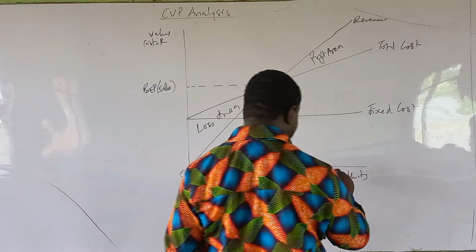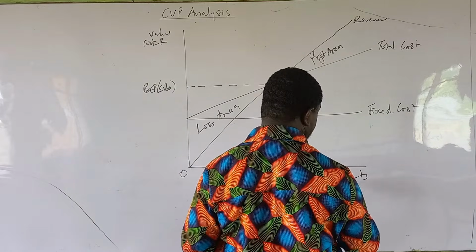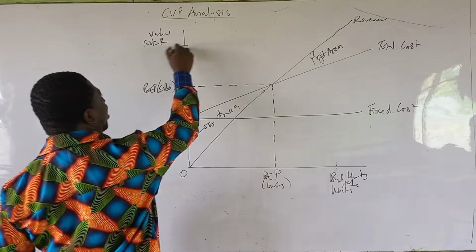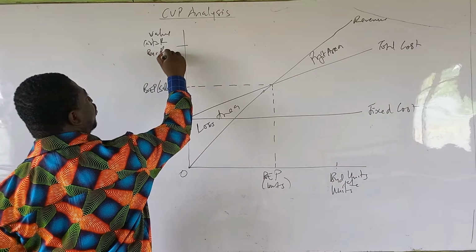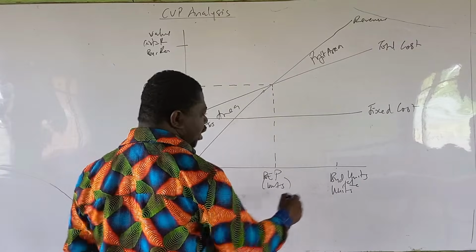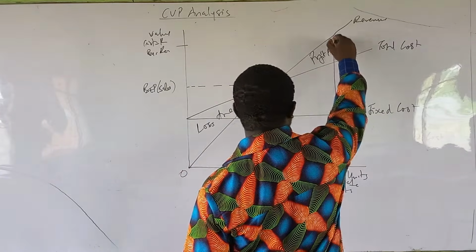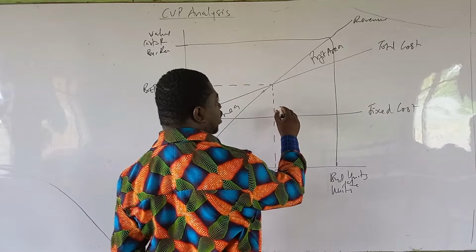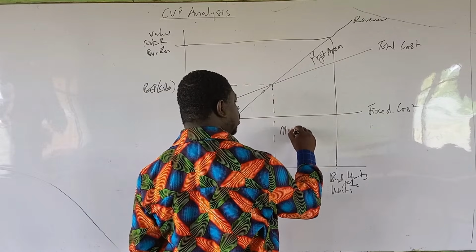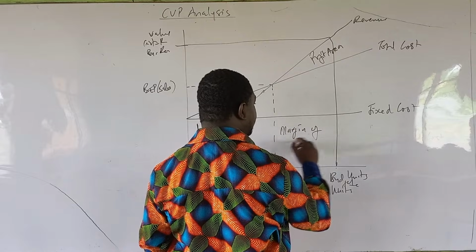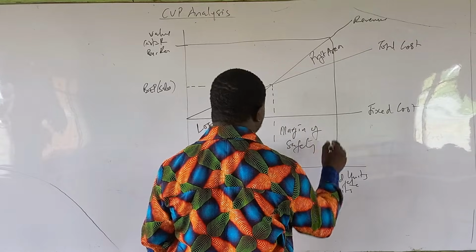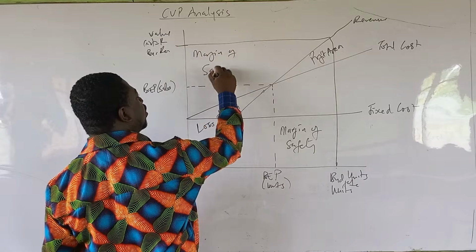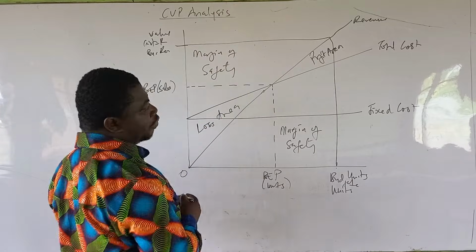Then, if this is my budgeted units, if this is my budgeted revenue, then it means that the distance between the two, this place, I'm going to call it margin of safety in units, and I'll call this place margin of safety, that is in value.